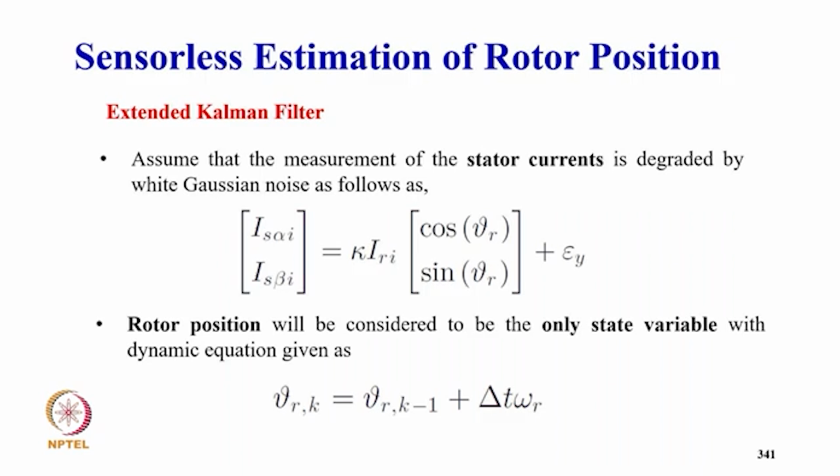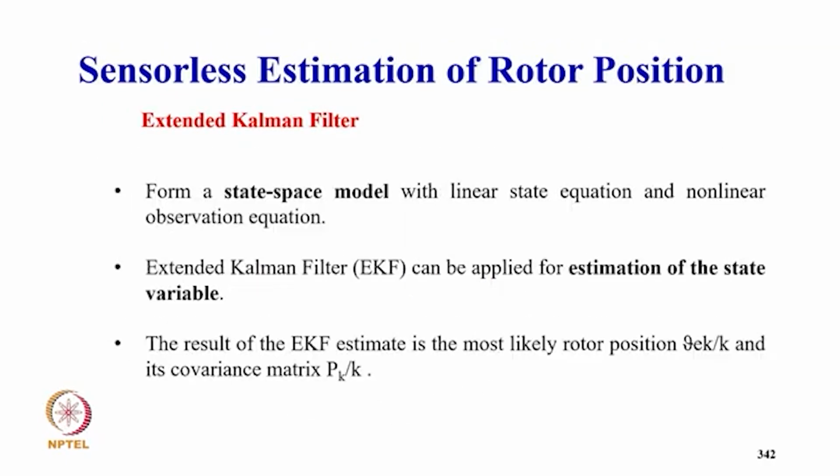And assume that the measurement of the stator current is degraded by Gaussian noise as follows: IS alpha, IS beta equal to KRI into cos psi r and sin psi r plus noise. The rotor position will be considered to be the only state variable with the dynamic equation given as psi r k equal to psi r k minus 1 plus delta t omega r.